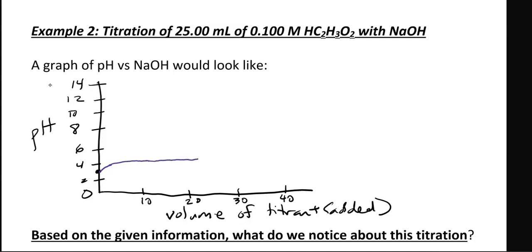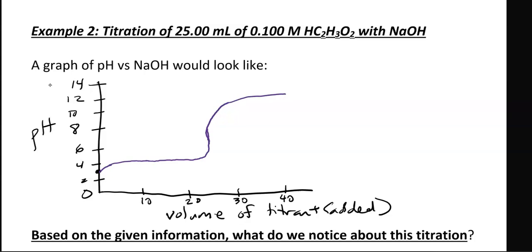Then when I'm getting about at the equivalence point, you're going to see a dramatic spike in the pH. After all of the acid has been neutralized, then the titration will continue and will eventually plateau out at the pH of a strong base. And that will probably be in a pH range of, I'm going to say at least about 12, if not even perhaps just a little bit higher, like that. Okay.